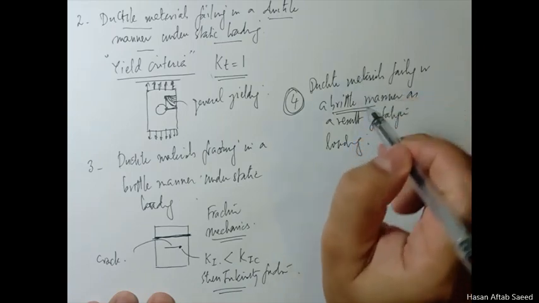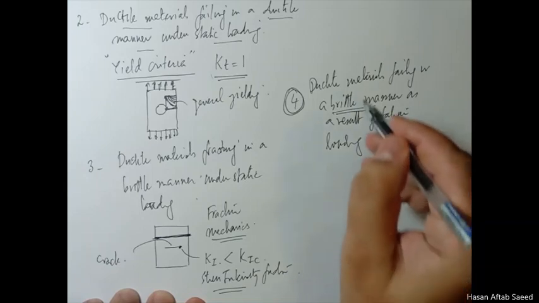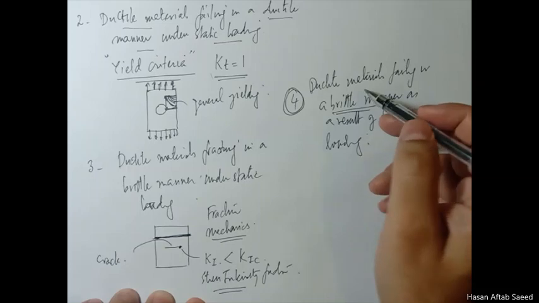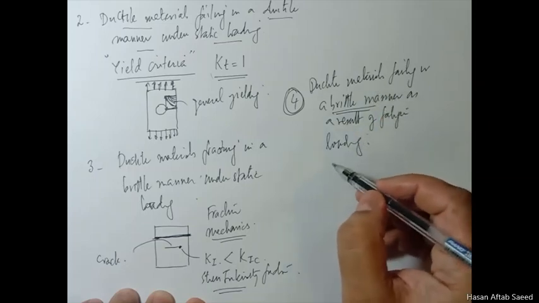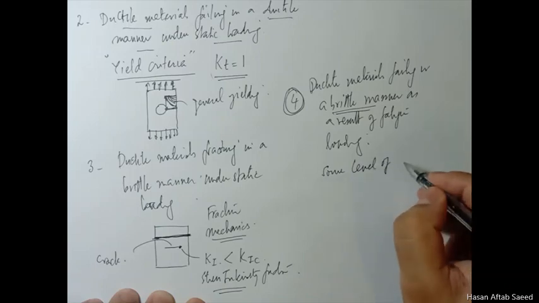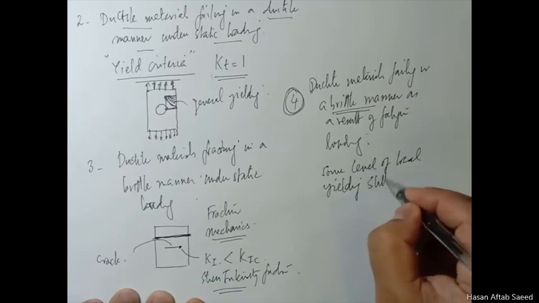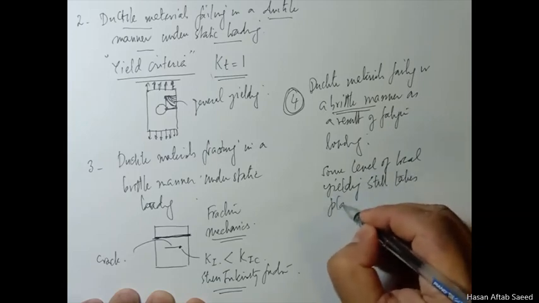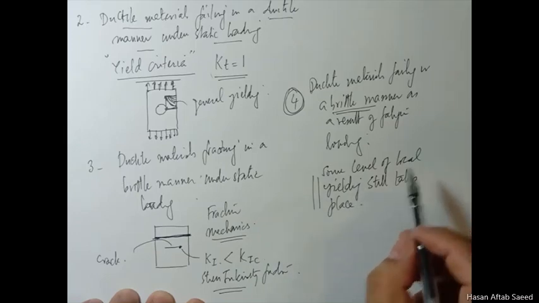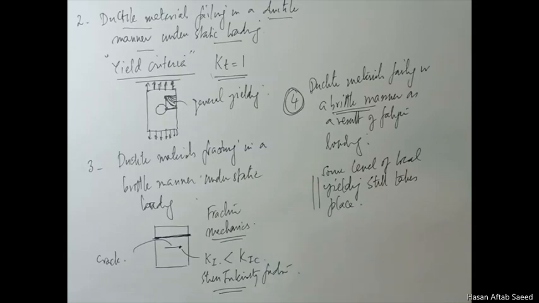The material is ductile, the failure is brittle, but the difference here is that although the material is ductile, some level of local yielding still takes place, because remember the material is ductile. So although it fails in a brittle manner, it is not before some sort of local yielding takes place.